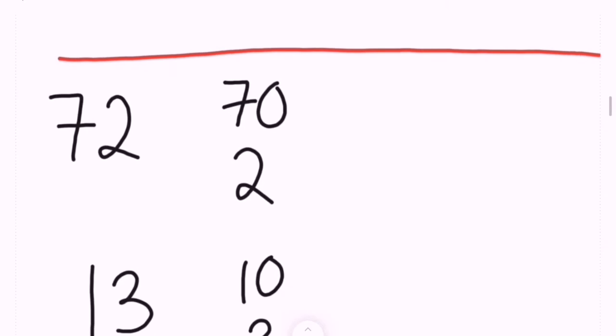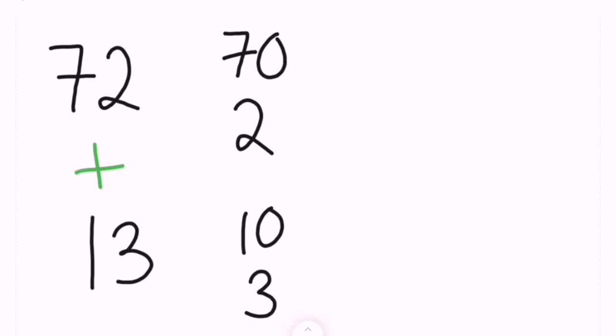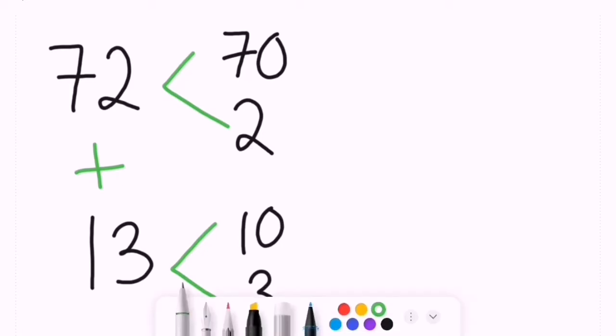So the next slide, we are going to try to find addition of two numbers that have two digits each. So here we are going to split 72 into 70 and 2, and 13 into 10 and 3. So then we will add these together. We'll add 70 and 10.